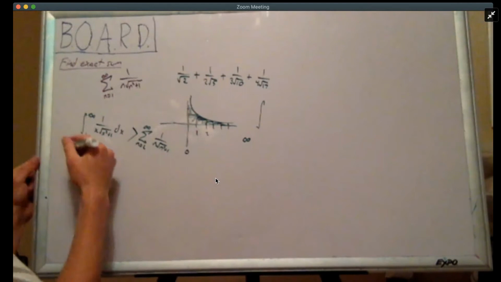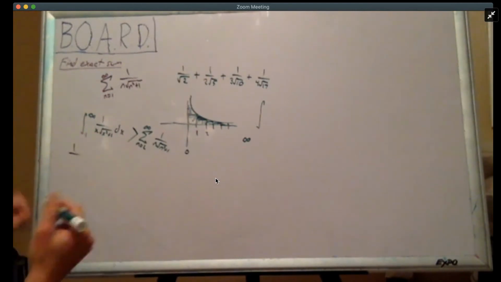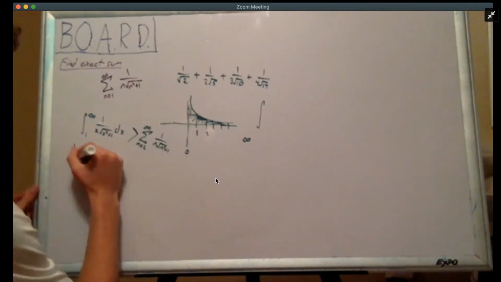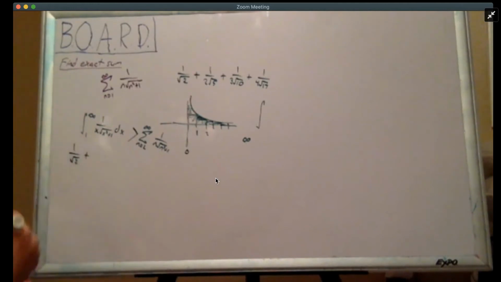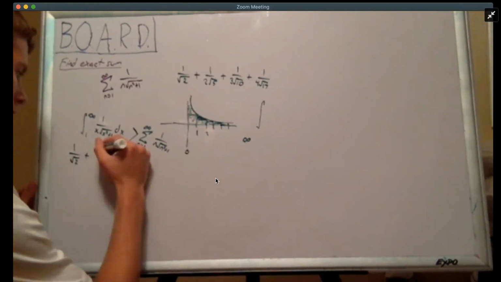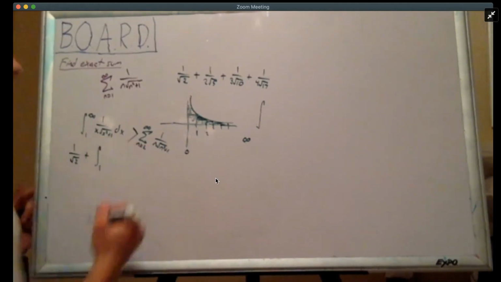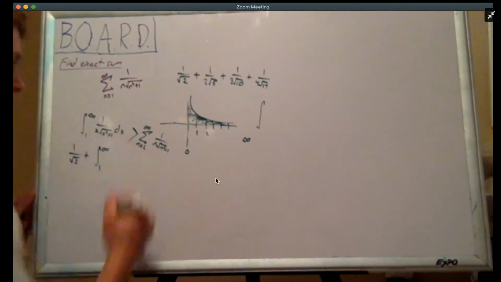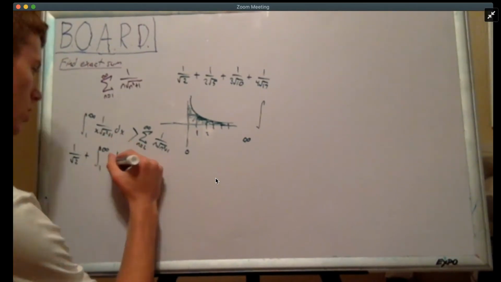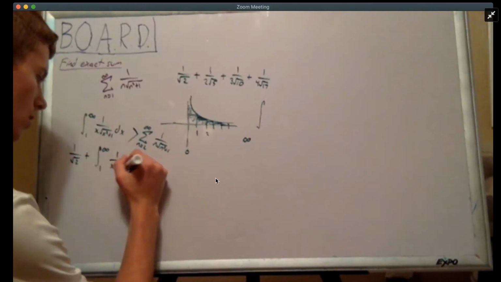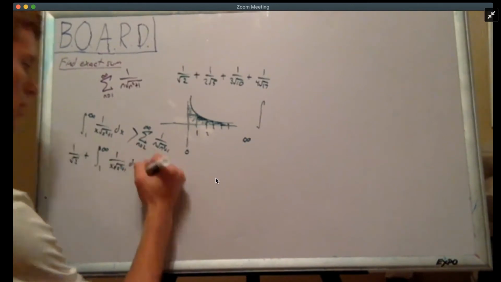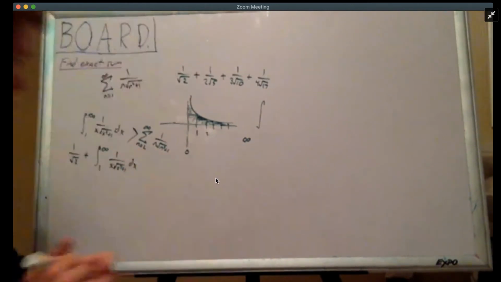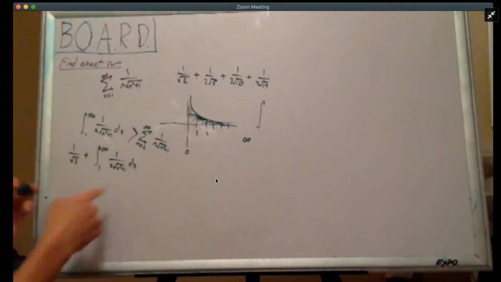So our upper limit is going to be 1 over square root of 2 plus the integral from 1 to infinity of 1 over x root x squared plus 1 dx. And to do this, we're going to use some trig sub.